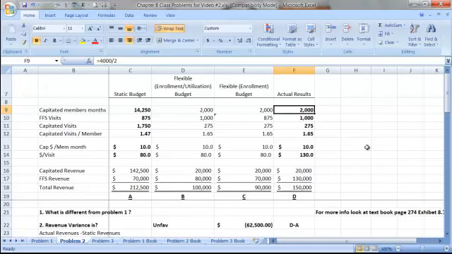But this is just on the revenue side. So fee-for-service visits were up to 1,000, so up from 875. Now, capitated visits were down because we had far fewer people, member months, and the rate that they came in was higher.